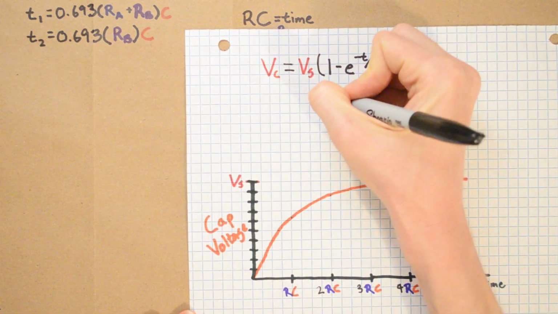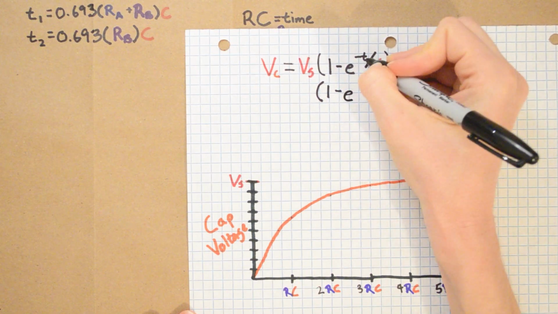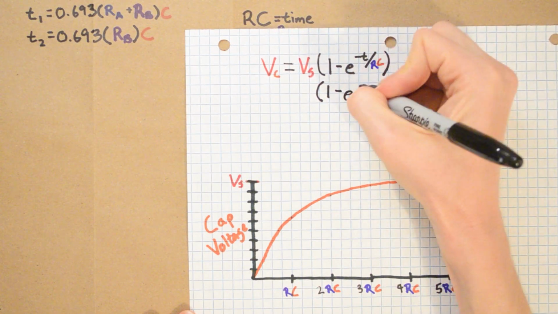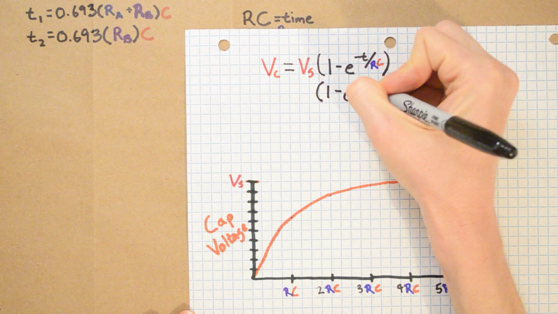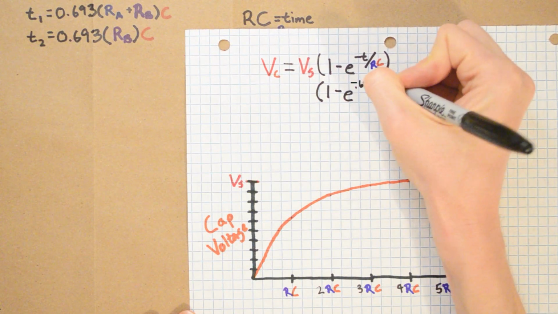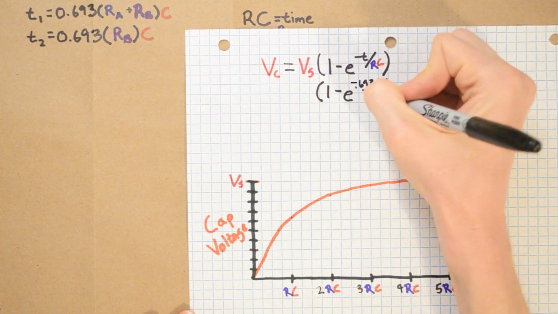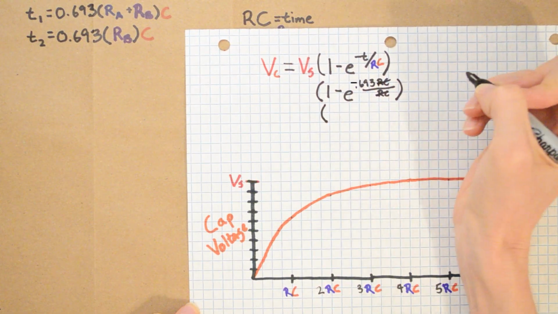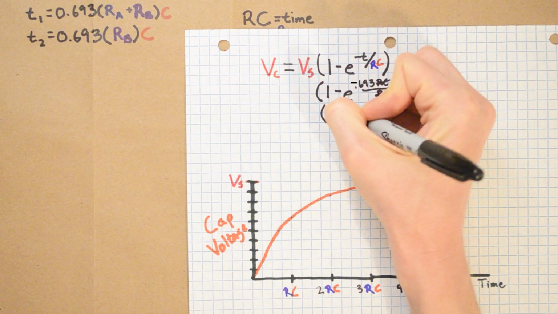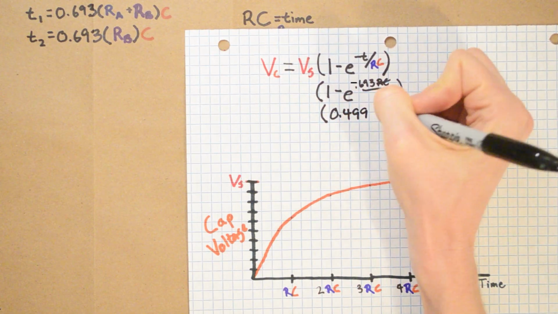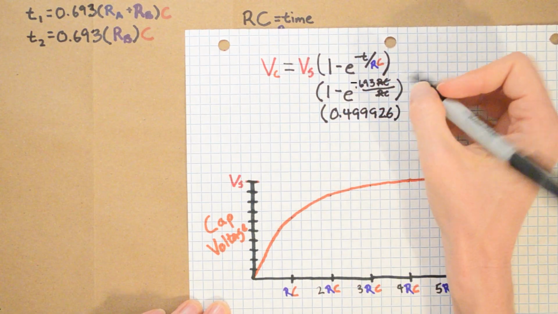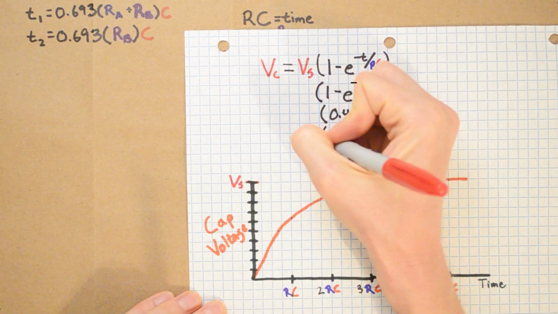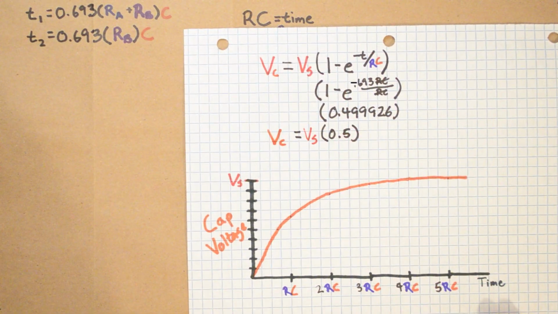If I go 1 minus e to the power of negative the time I want, 0.693 RC, divided by RC, the RC cancels out, and I get 0.49996, approximately 0.5 times Vs equals the voltage across the capacitor.